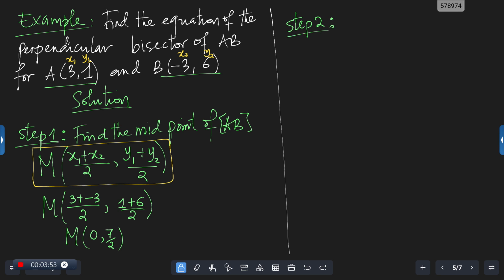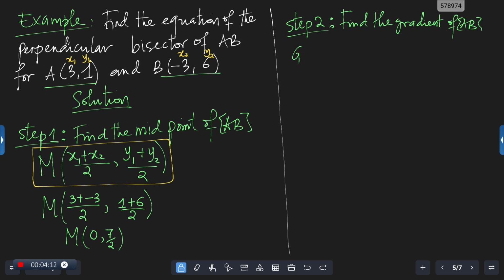Step 2, we find the gradient of AB. To find the gradient, we need the gradient formula.